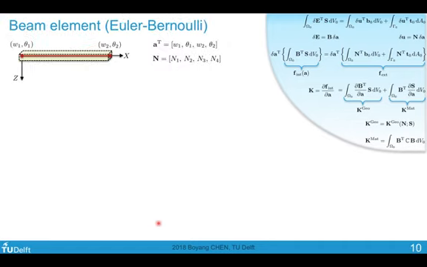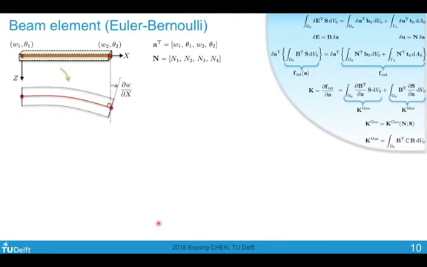Next, let's move on to a more complicated element type, which is a beam element, in particular the Euler-Bernoulli beam element. For the beam element, it is well established that it has two nodes, and for each node we have a deflection degree of freedom W and rotation degree of freedom theta. And we have a shape function having 4 terms.